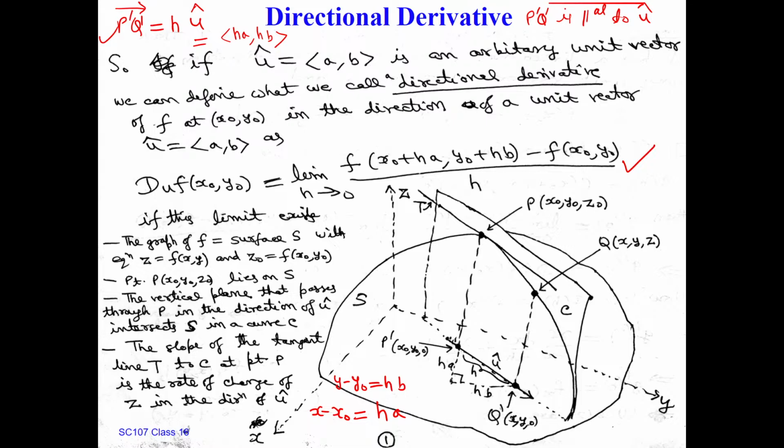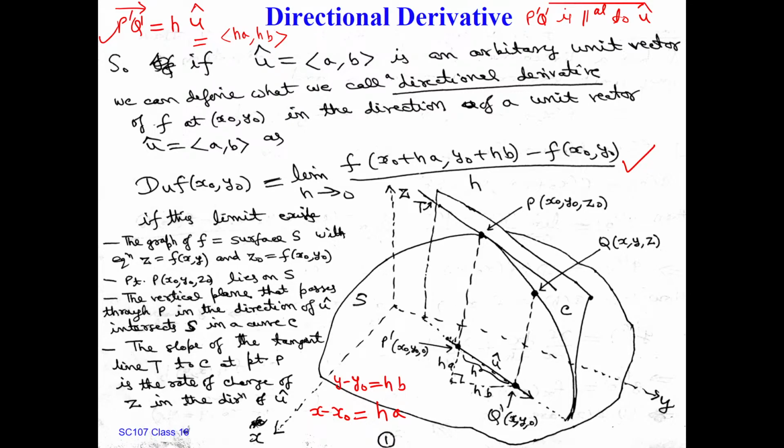And if h is the distance between them, the line p prime q prime is parallel to the unit vector u, right? So that means p prime q prime is h times u for some scalar h. This is the h, okay? And so x minus x naught is equal to h times a, y minus y naught is h times b.